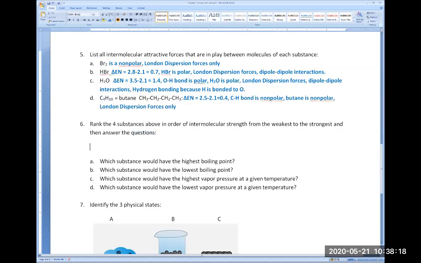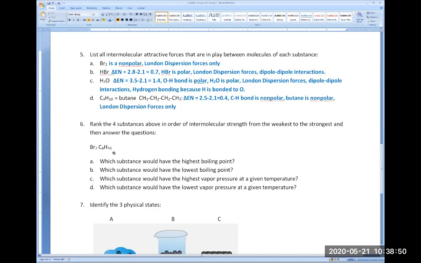And you're right to think it's Br2, and the reason is that it's a smaller molecule than C4H10, right? If you look at these two, C4H10 is a larger molecule, so its electron cloud will be larger. And when you have two molecules that only experience London dispersion forces, the London dispersion forces will be stronger for the larger molecule because the electron cloud is larger.